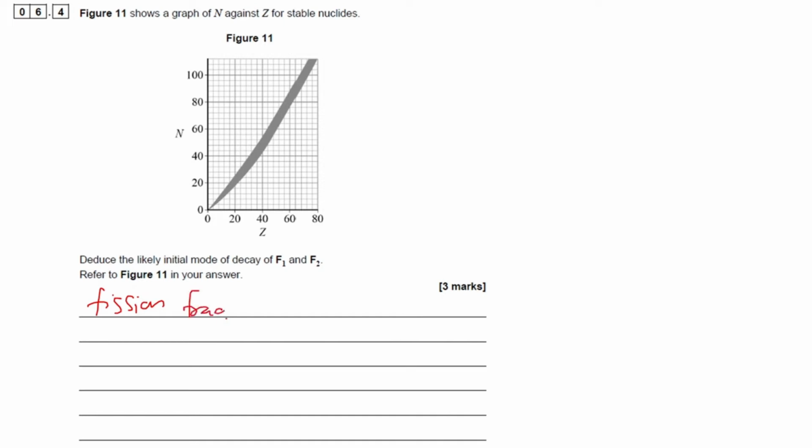So fission fragments are large nuclei with a high N/Z ratio. Remember, N is the neutron number and Z the proton number. It's not enough just to say it has a large number of neutrons. You have to say that compared to protons, it has more neutrons, so a large number of neutrons compared to protons, or just an N/Z ratio.